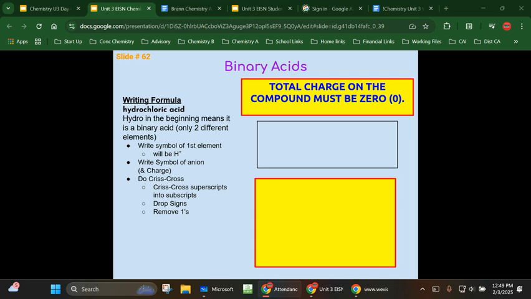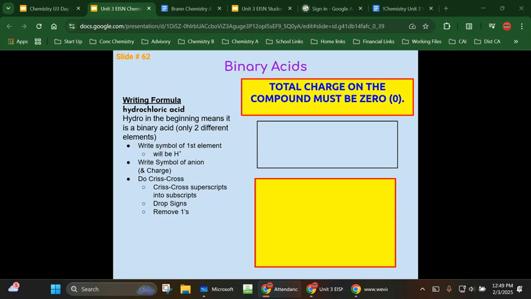So hydrochloric acid means hydrogen and one other element. I don't know, you take a guess. What other element would be in hydrochloric acid? Chlorine. I mean, it's going to be that simple. Ignore the hydro part to figure out what the other element is. Hydrochloric acid, hydrogen and chlorine put together. Okay?